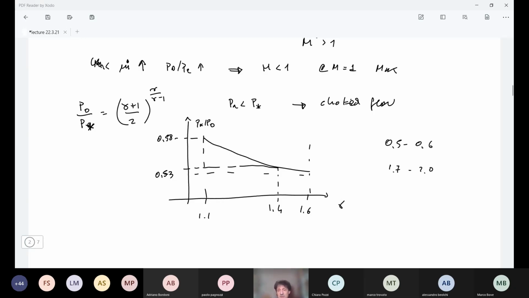So if we have in the container a tank of gas here, and we just make a hole, and we are in vacuum, there will be choked flow through this hole. We know easily how much mass flow rate there will be through this hole. And the same is independent of the shape of the hole.